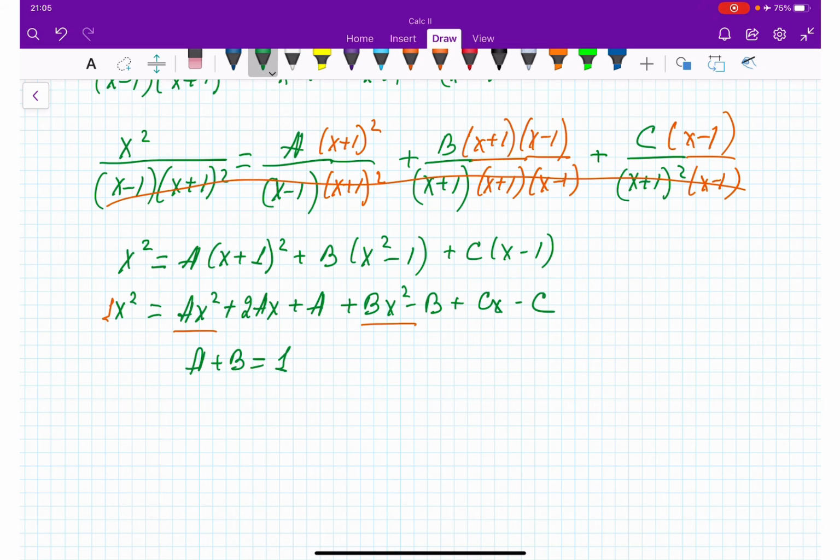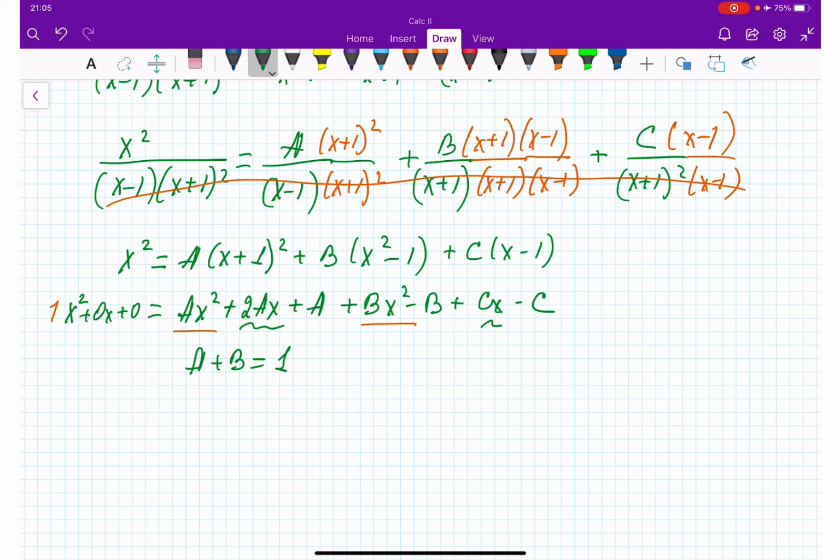Now for 2ax and cx, it's going to be 0, because there is no x in x squared. Let me write it this way so it will be clear for you: x squared, so I put coefficient 1, and then plus 0x, and then plus 0, right?